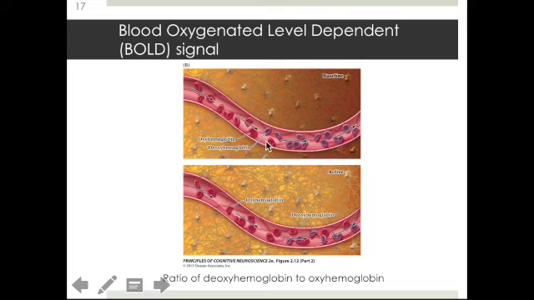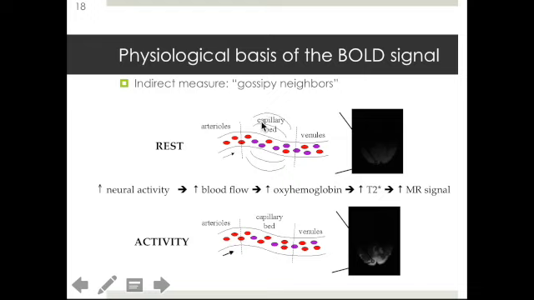And so the ratio of deoxyhemoglobin to oxyhemoglobin is what gives rise to the blood oxygenation level dependent signal. So again, the physiological basis of the BOLD signal is an indirect measure of neural activity. When neurons fire, they require oxygen, which is brought to the neurons by hemoglobin in the blood. And so when the blood flow level changes from oxygenated hemoglobin to deoxygenated hemoglobin, that causes an increase in the functional MRI signal.